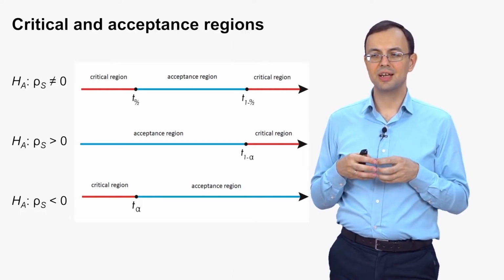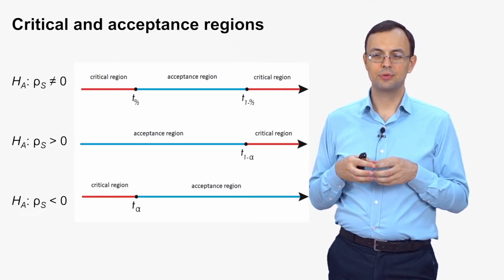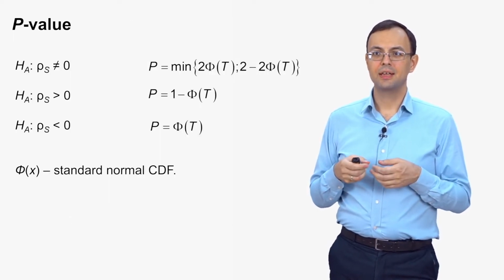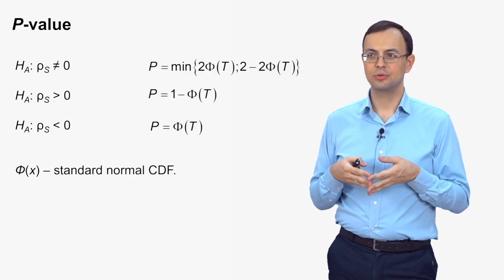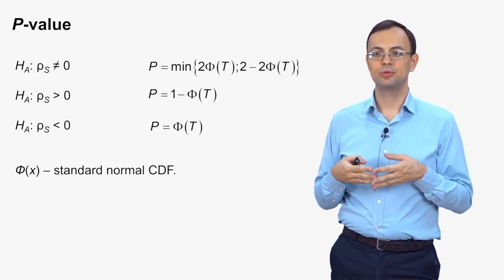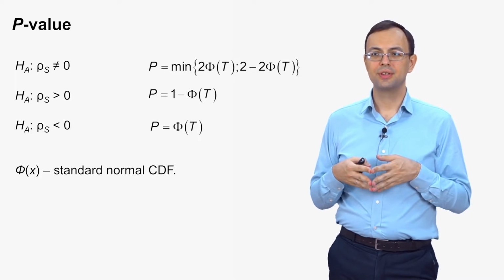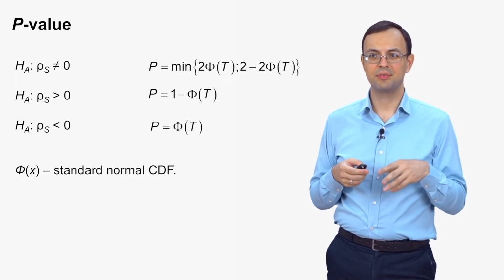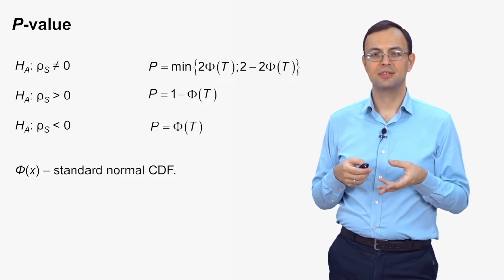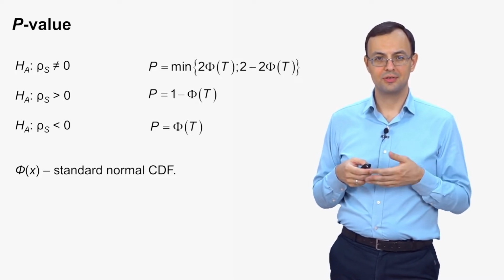For the greater sign, it is right-tailed, and for the less sign, it is left-tailed. And the formulas for the p-value are also the same as usual, and we use the standard normal CDF to find the p-value, as the test statistic follows the standard normal distribution.